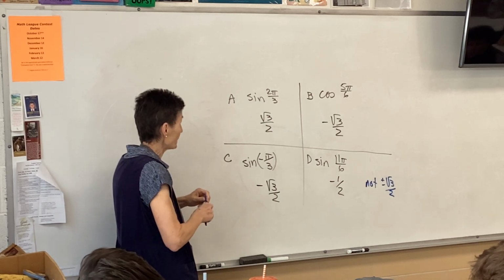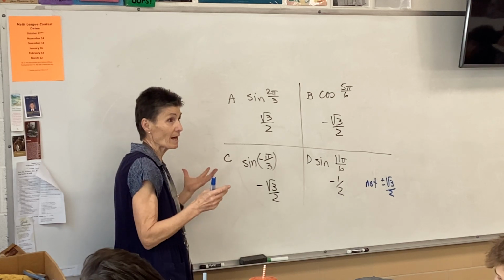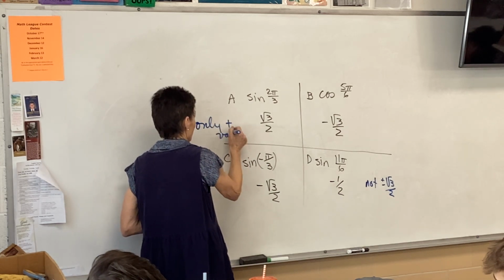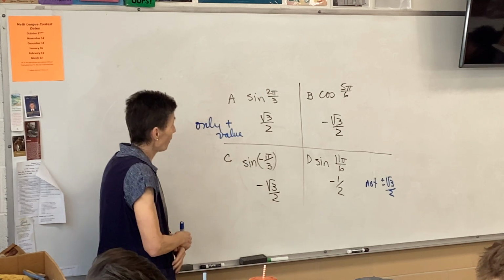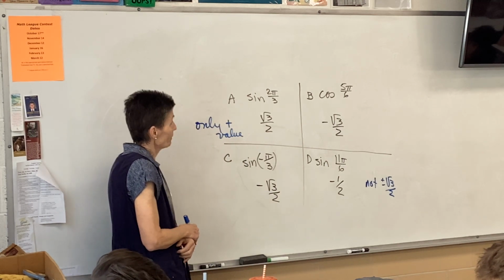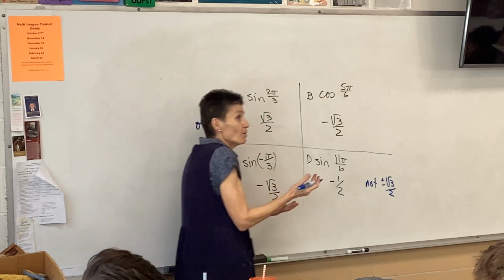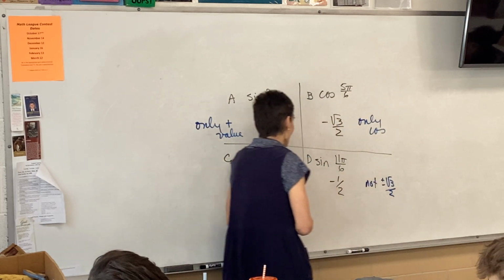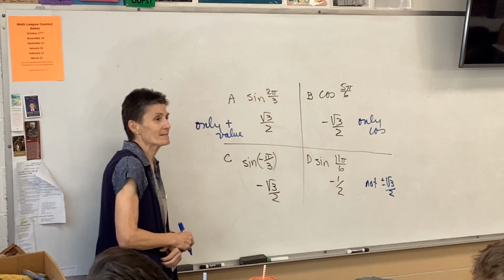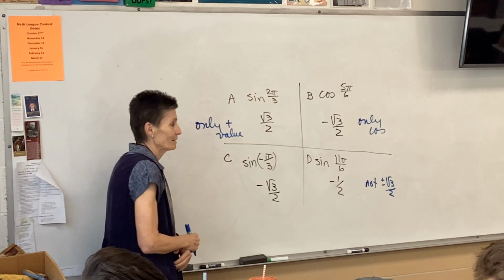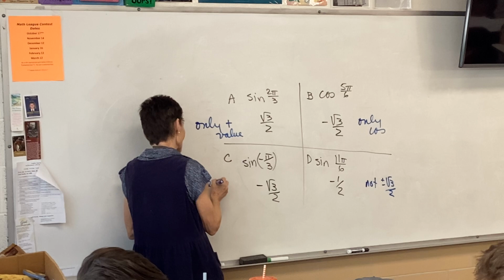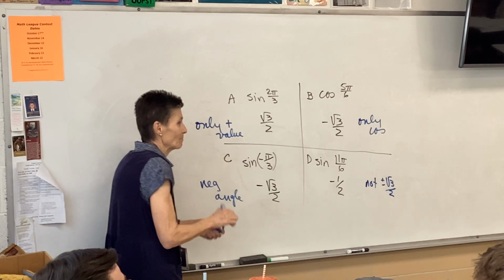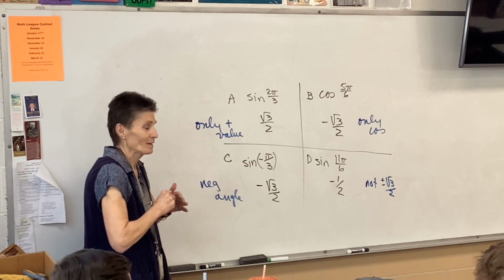It's the only positive value. Okay, what made B different? It's the only cosine question. Yeah, perfect. And what made C different? It is a negative angle. That's right, so its rotation is different. Is that okay with everybody? All right.